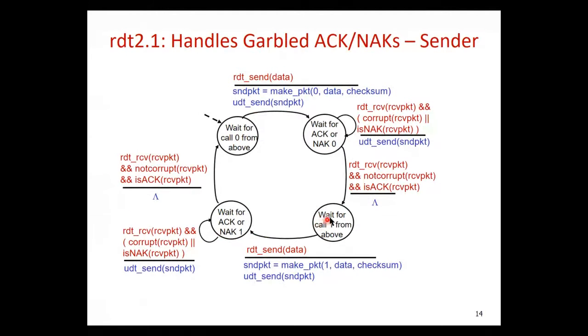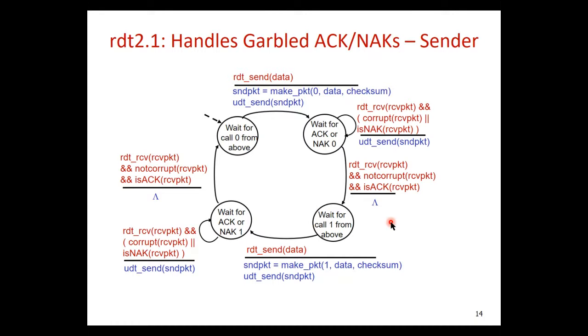Okay, now if we want to handle the corrupted feedback with a sequence number, then the finite state machine at the sender will look like this. Essentially, we duplicate the states because we have an additional state variable, which is the sequence number of the packet that we are going to send.